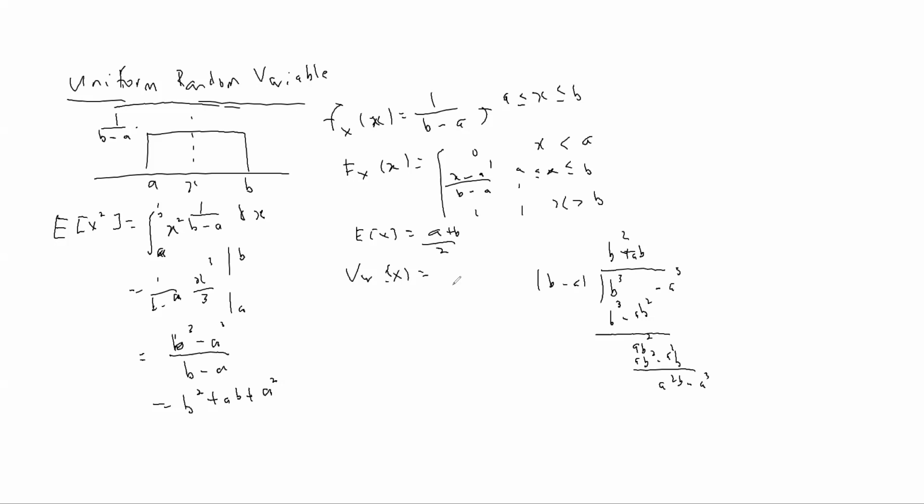So this means that I need to add another A squared here, which gives me A squared B minus A cubed. So this is what we have here.